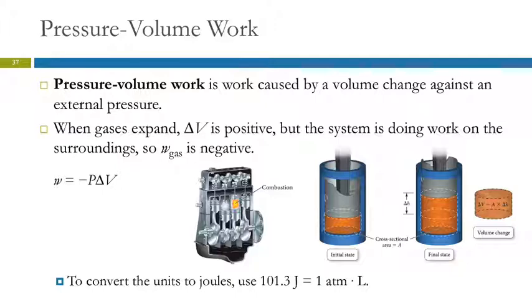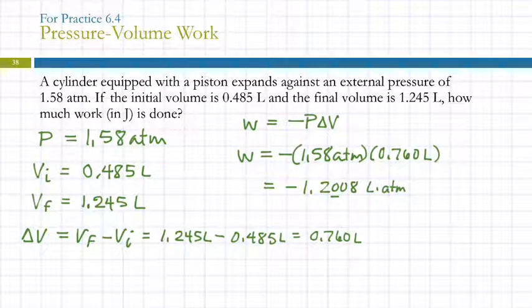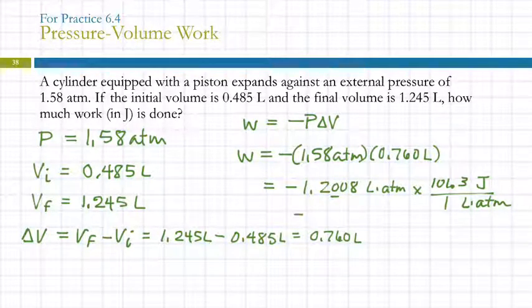Fine. So I'm going to multiply so I get joules on top and liter atmospheres on the bottom: 101.3 over 1.